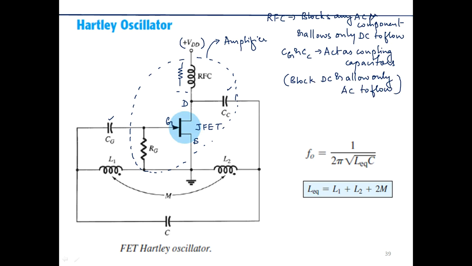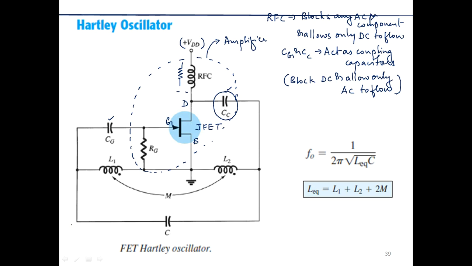Okay, so this is very interesting, right? See, the sole purpose of the coupling capacitor CC is to couple the output signal which appears at the drain of the amplifier to the feedback network.